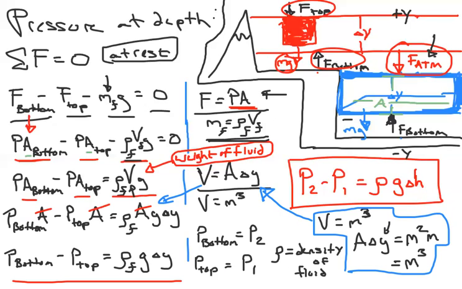Because we know that as we get deeper, the weight of the fluid increases. In this case it would be water because we're in the ocean, but even in the atmosphere, the weight of the fluid above us increases as we get deeper in it.